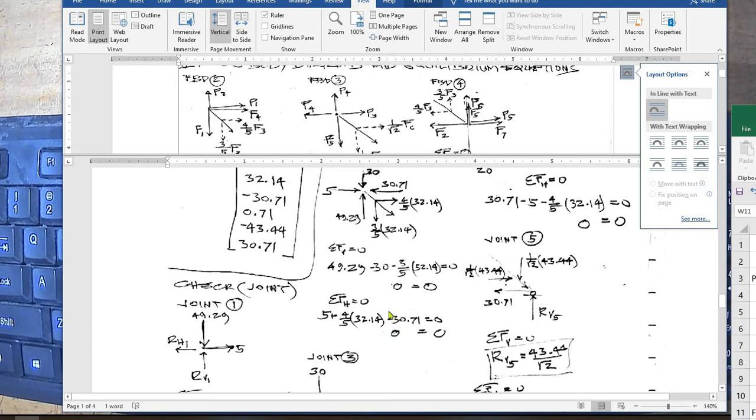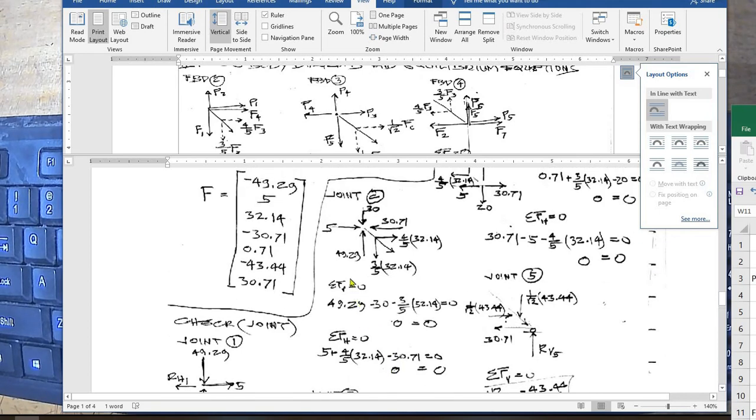So 0 equal to 0. Next, summation of vertical forces equal to 0. Upwards is positive. 49.29 minus 30 minus 3/5 of 32.14 equal to 0. So 0 equal to 0. So that's how to check.